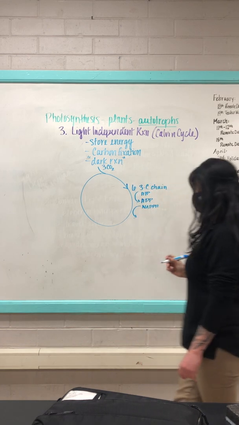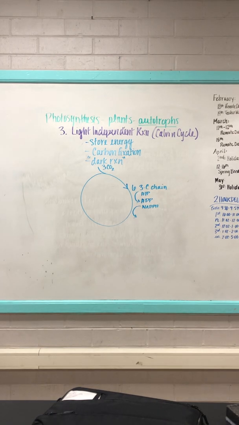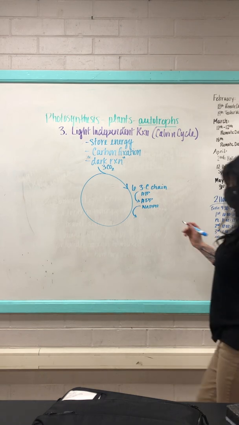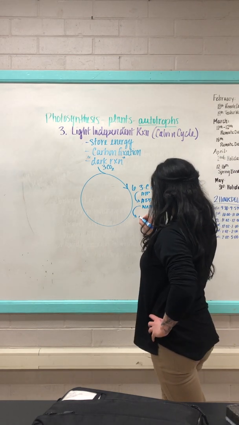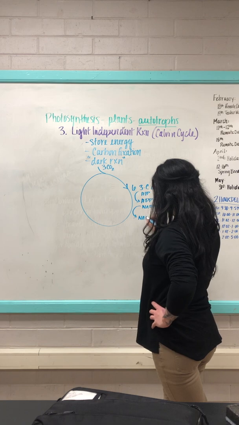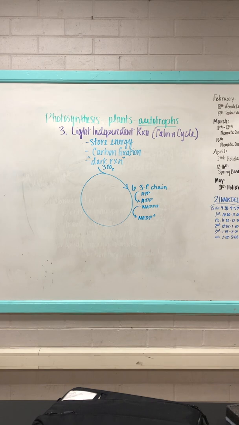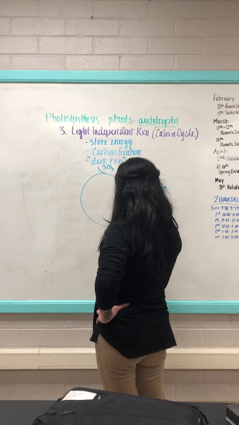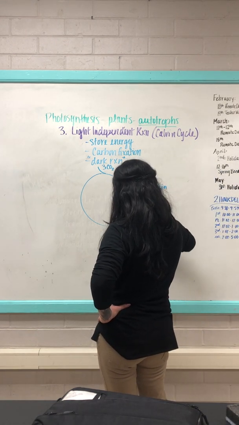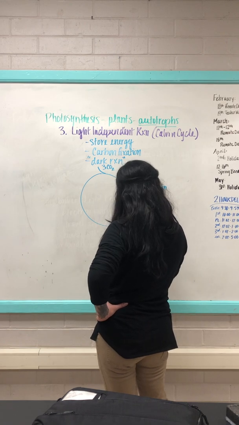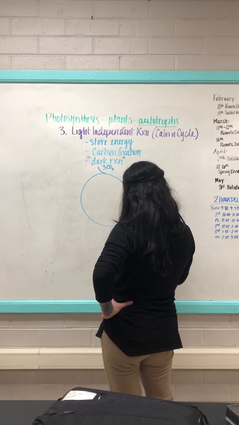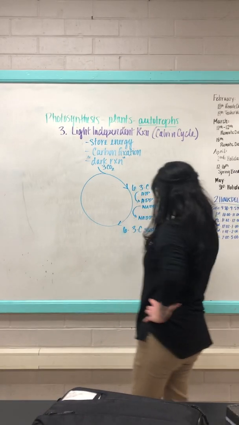And this is also where NADPH is added. Is that NADPH? Yeah, sorry, that's bad. And then that becomes NADP plus. It loses that hydrogen. Okay, so now at this point it becomes 6 3-carbon sugars.